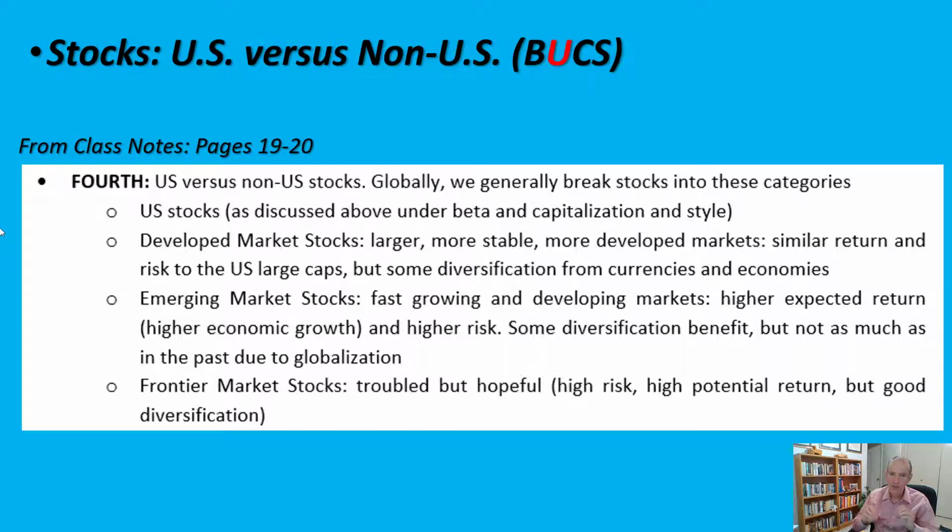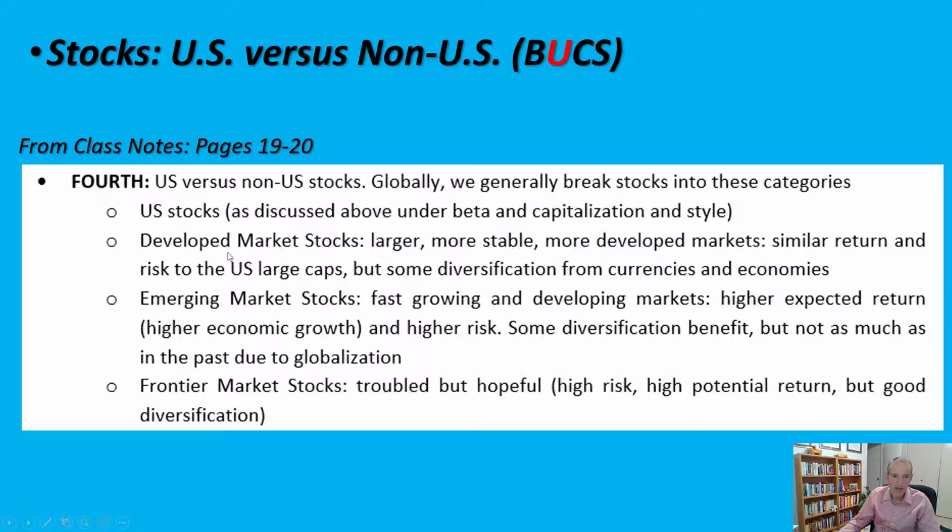When you see the word global, a global stock portfolio will include both U.S. stocks and international. So the word global is both U.S. and international. The word international is just non-U.S. stocks. So we can break stocks into U.S. stocks and international stocks.